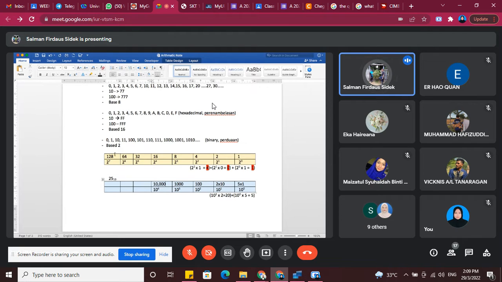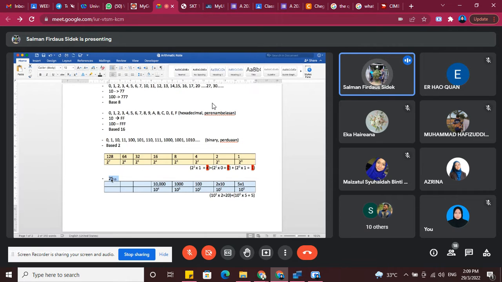So the concept is similar. The binary concept is similar to decimal, where each of the digits has its own value, from right to left. The same goes for the decimal number. In the example here, I give you 25.